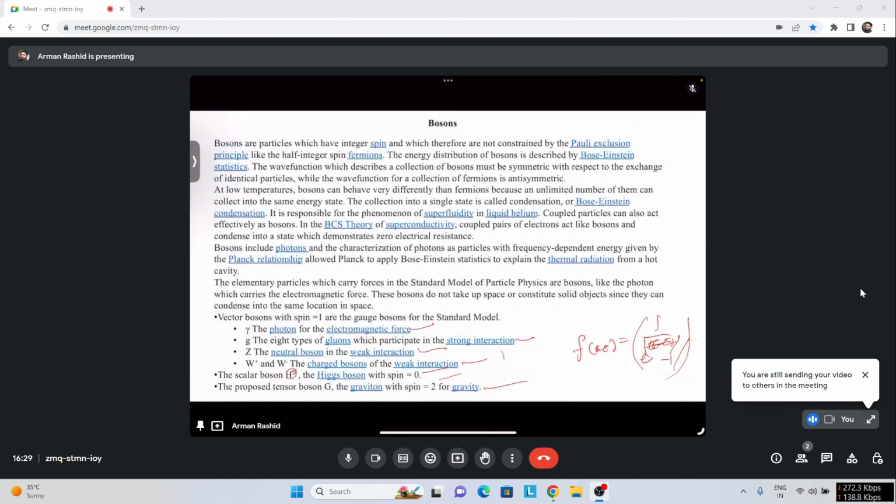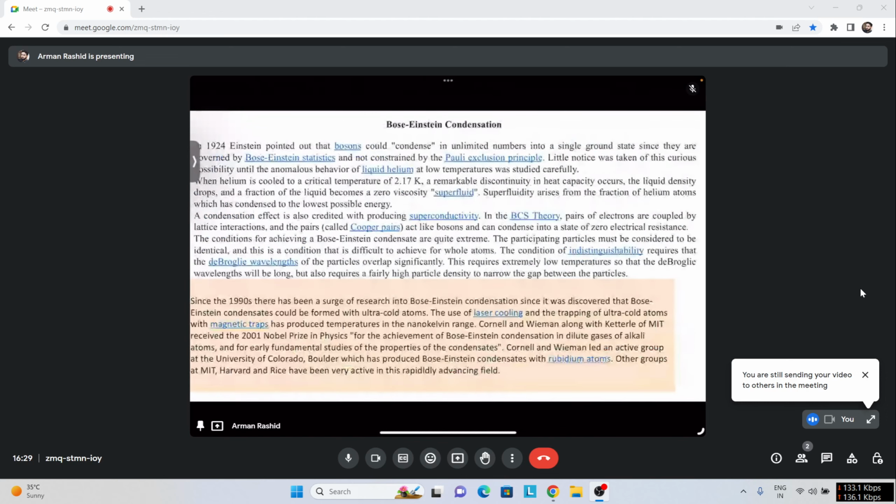Now we'll talk a little bit about the Bose-Einstein condensate. So what is a Bose-Einstein condensate? In 1924, Einstein pointed out that bosons could condense in unlimited number into a single ground state, since they are governed by Bose-Einstein statistics and are not constrained by Pauli's exclusion principle.